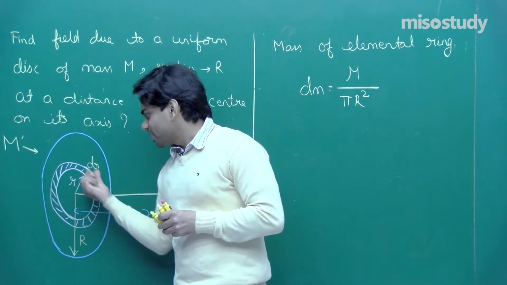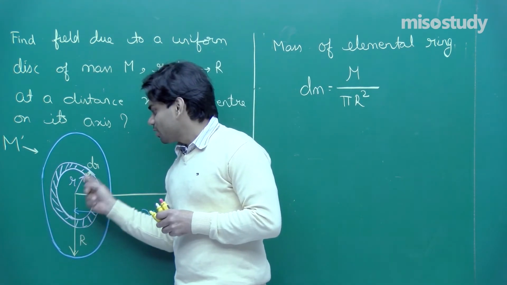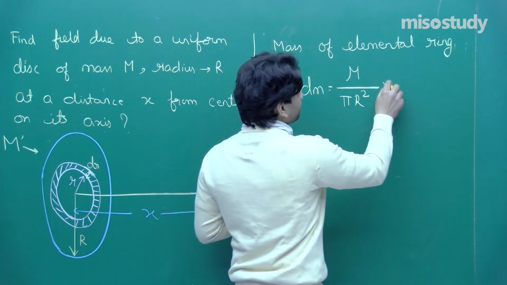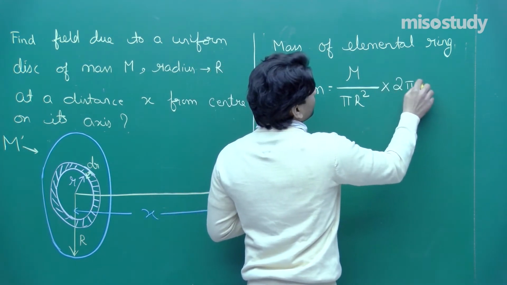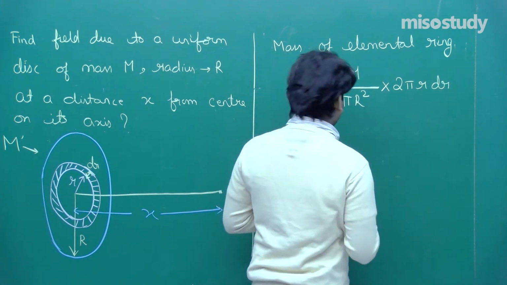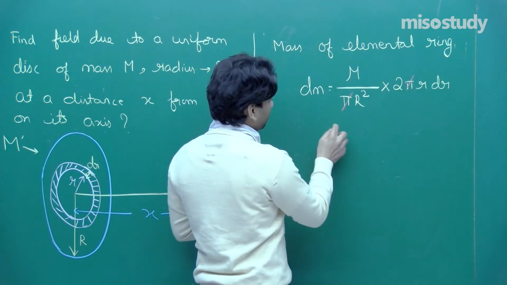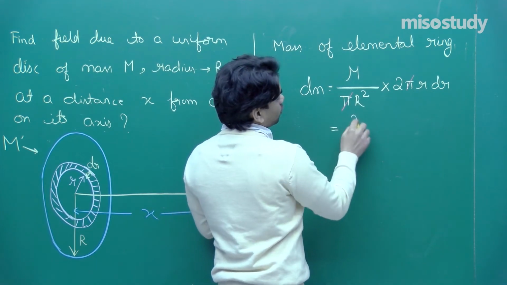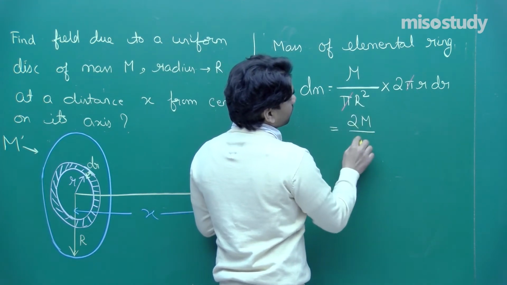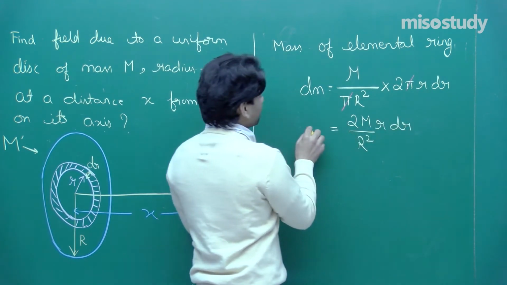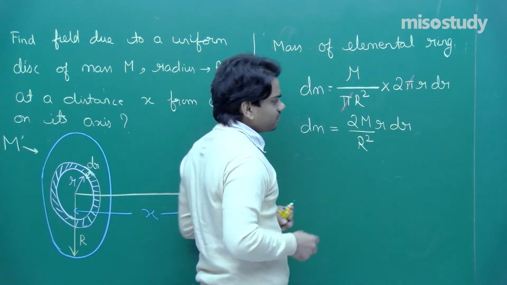This area will be perimeter into width, that is 2 pi r dr. You see pi and pi will cancel out, and we obtain 2M upon R square times r dr. This is the value of dm.